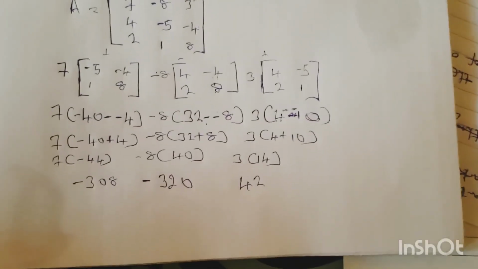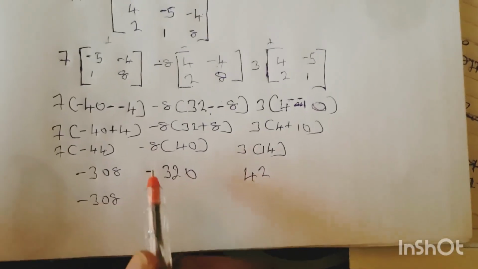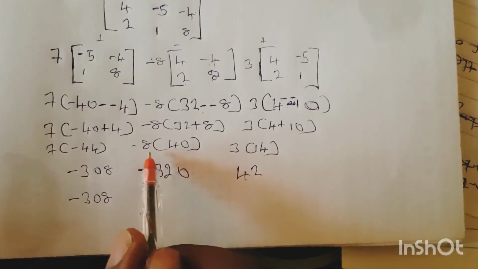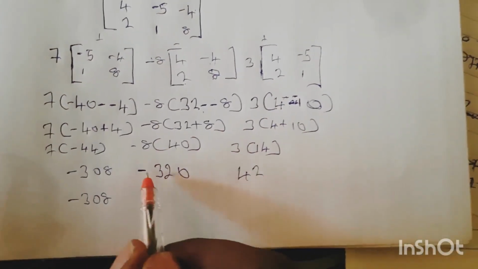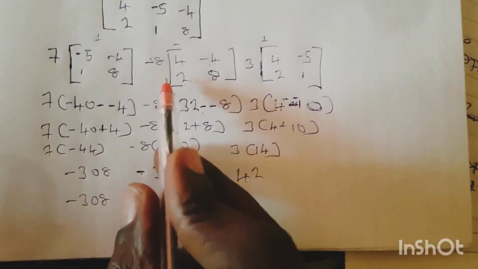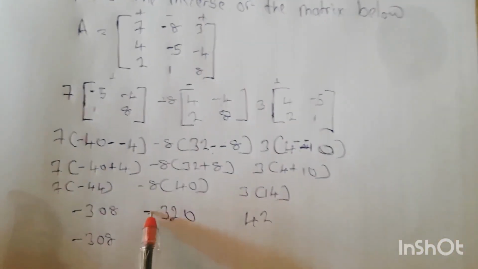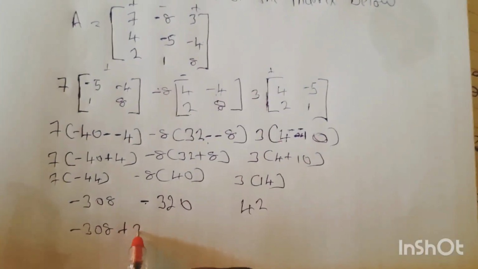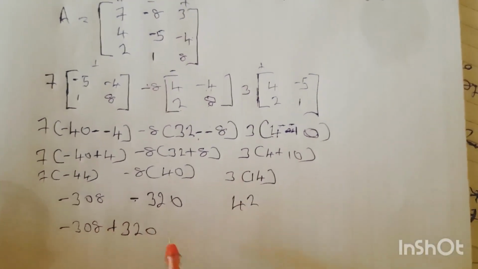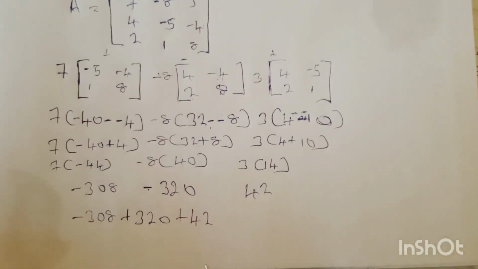So we are going to sum this up. It is minus 308. Remember, there is a minus here because of this sign, so this minus with this minus is going to give us plus: plus 320 plus 42.